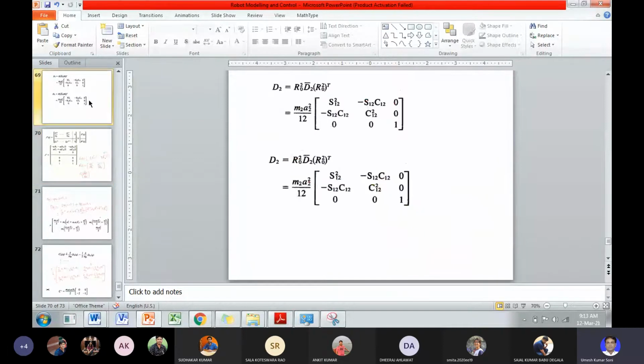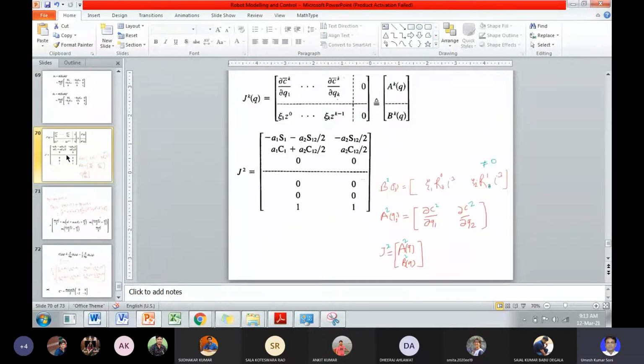So you see here you are next calculating the Jacobian 2. For the Jacobian 2, you have used C2 bar, and you are differentiating the C2 bar with respect to Q1 and Q2, and also you have these Xi1, Xi2 terms. Here you see that the first and second row is also non-zero, because we are using two joints.